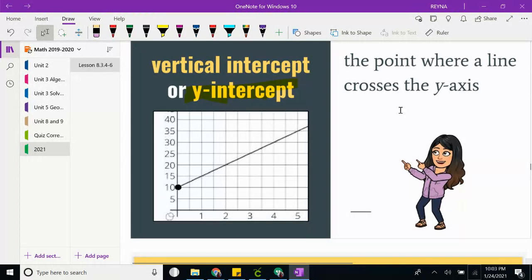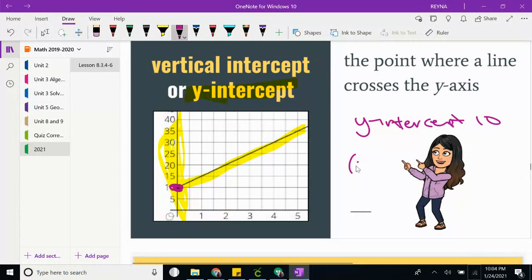So if they ask you what is the y-intercept, they're asking you, where does your line cross the y-axis? So if I were to look at the line and the y-axis, if I want to know where these two cross, bam, right there. These cross at 10. So this has a y-intercept of 10. And I could write this as a point as 0, 10 because my y is 10.